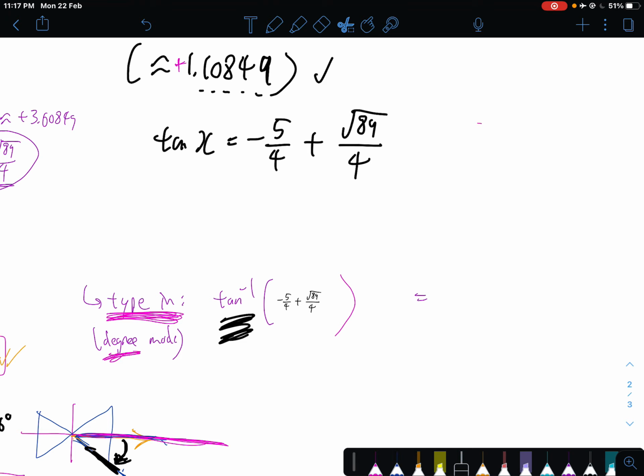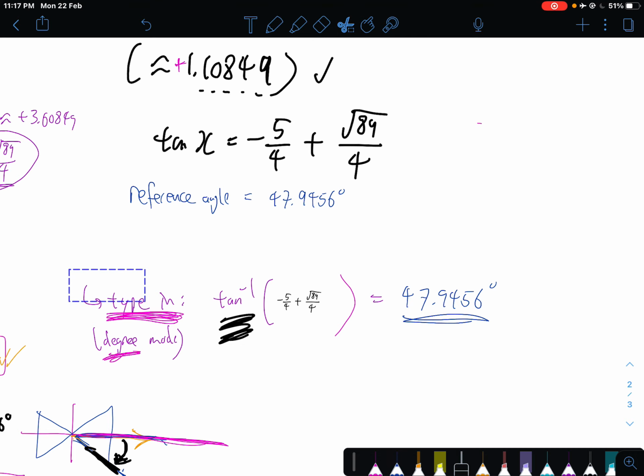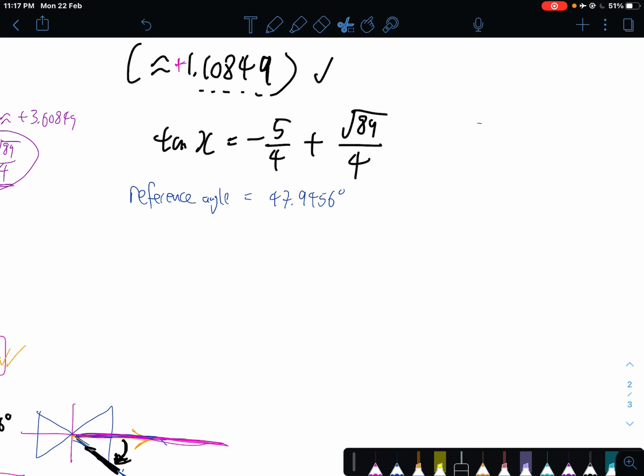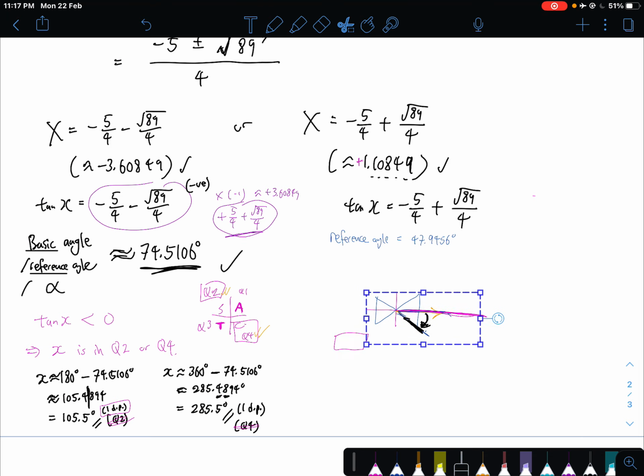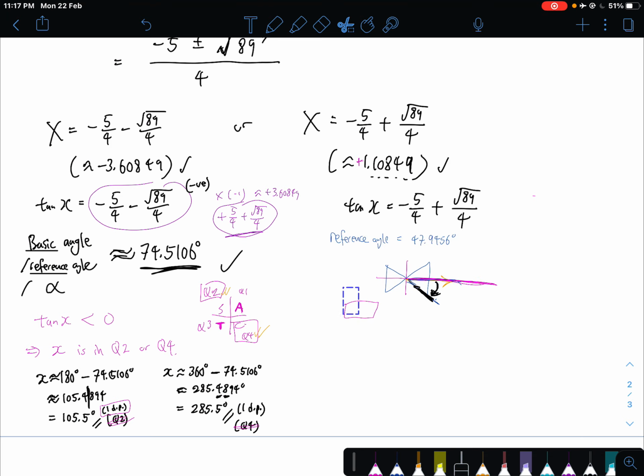You will get 47.9456 degrees. Good. Very good. So now this is our reference angle. Reference angle equals 47.9456 degrees. Okay, good. So what this means now, I'll just delete this. I'll go use back my nice little picture.